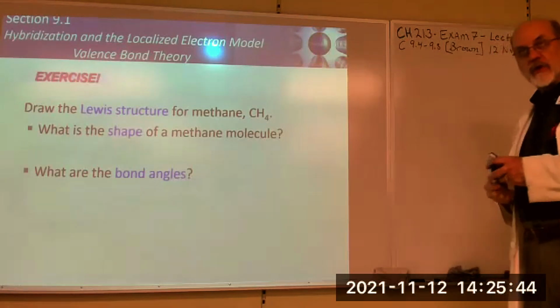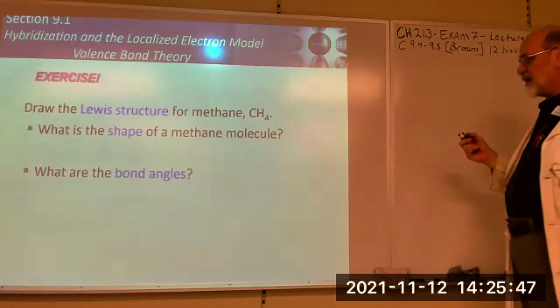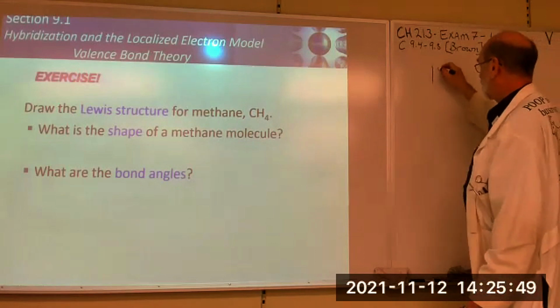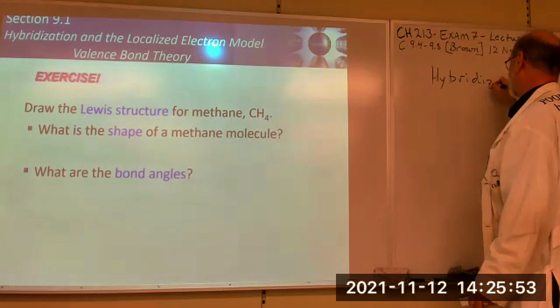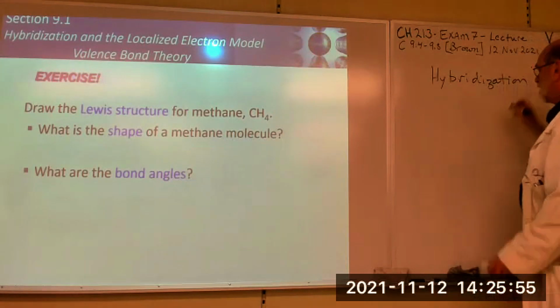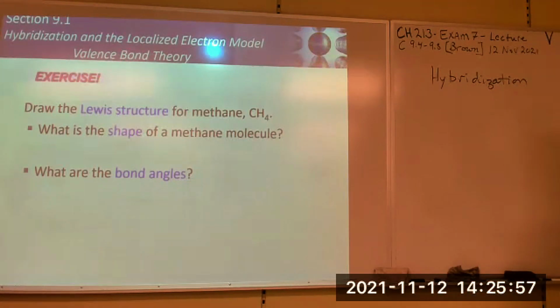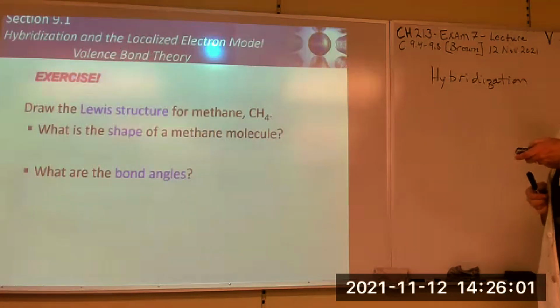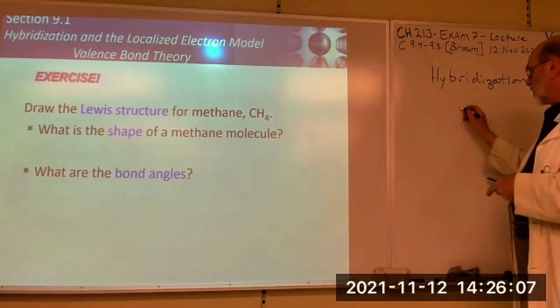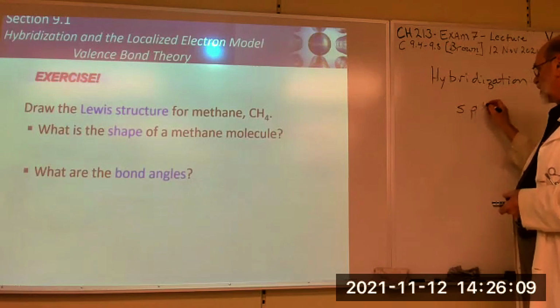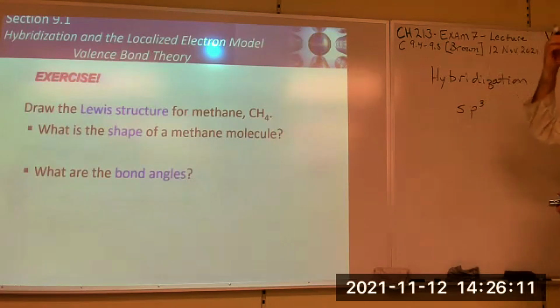Well, we tweak the theory. And we use a word: hybridization. We hybridize the atomic orbitals of carbon. And now we have equivalent orbitals that are formed from one s orbital and 3 p orbitals.